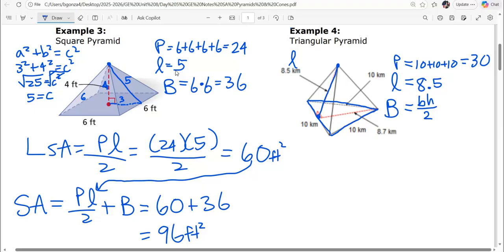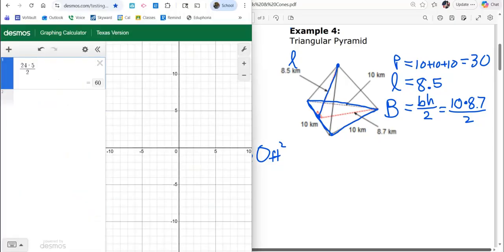So what's the base and the height of the bottom base triangle? Our little b is 10. Our height of the base is 8.7. So we have 10 times 8.7 divided by 2. We can use our calculator and get 43.5.